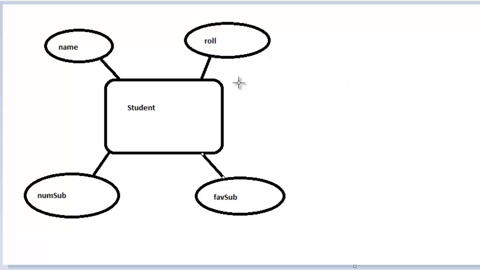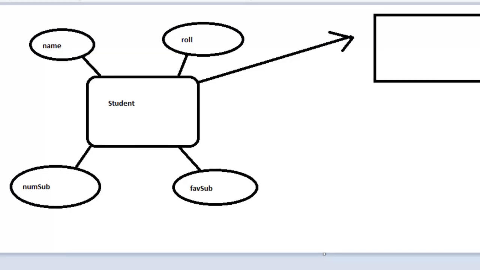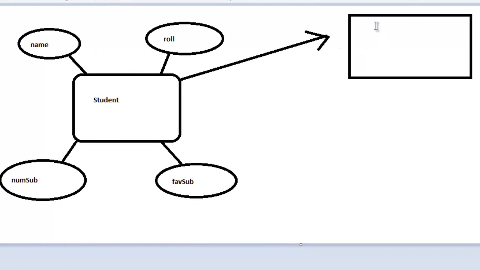So let us imagine we have 4 students, right? The first student is here. The name of the student is Alan. Roll number is 01. Number of subjects taken by Alan is 7. And the favorite subject of Alan is maths.